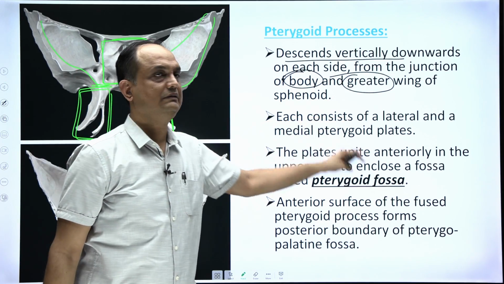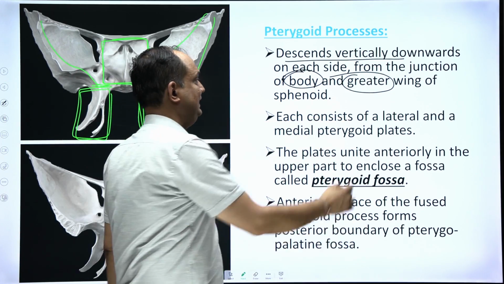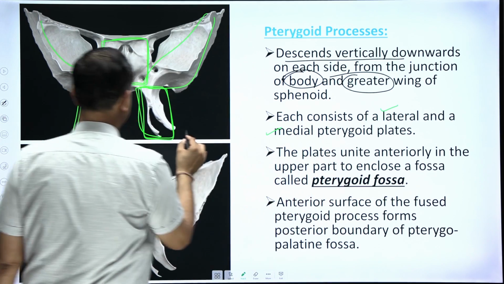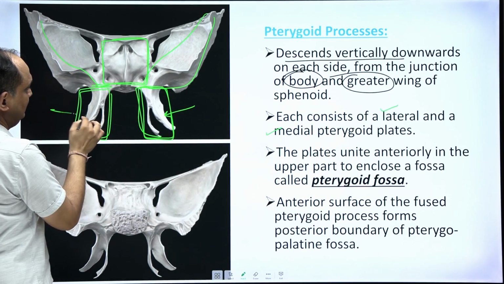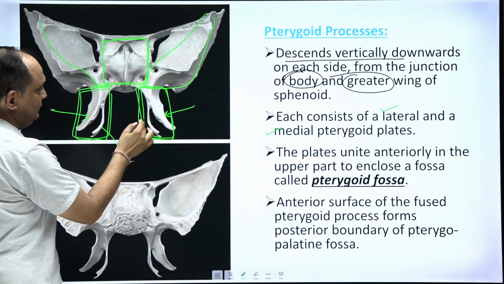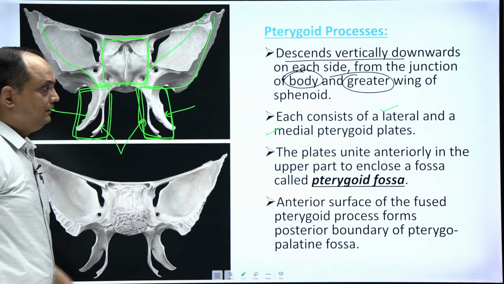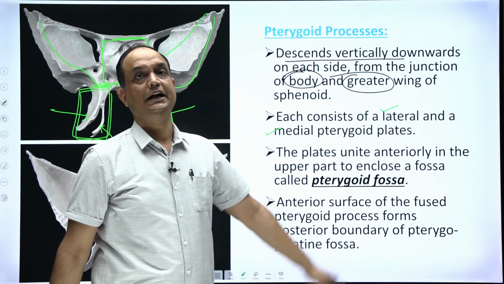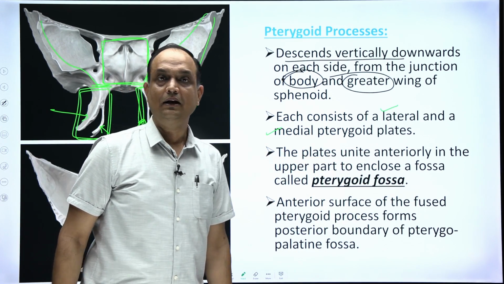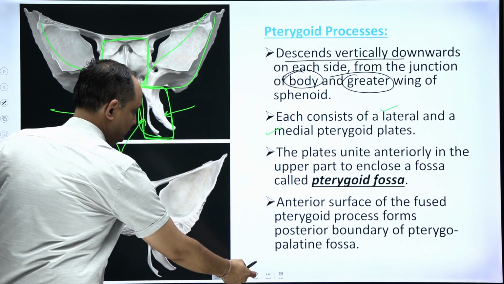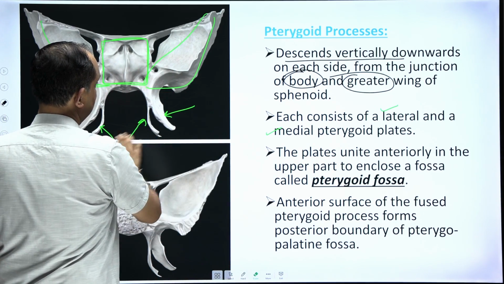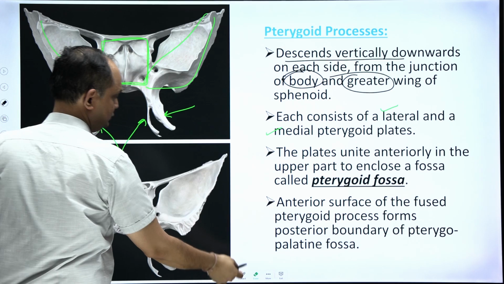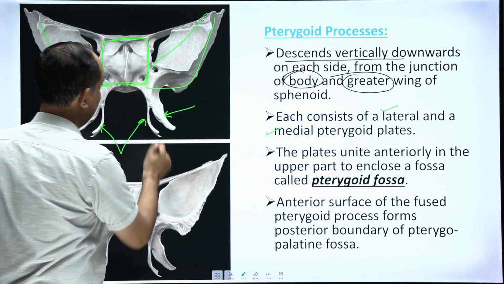Now each process consists of two plates, lateral and medial. Here you can see the two lateral plates, and on the inner side the two medial plates. Clear? Now these plates unite anteriorly. But dear students, you have to understand that the fusion of these two plates is not complete in full length.